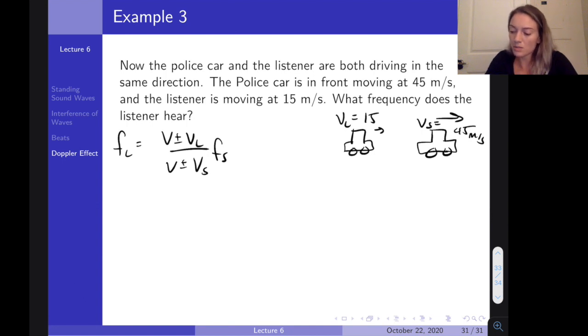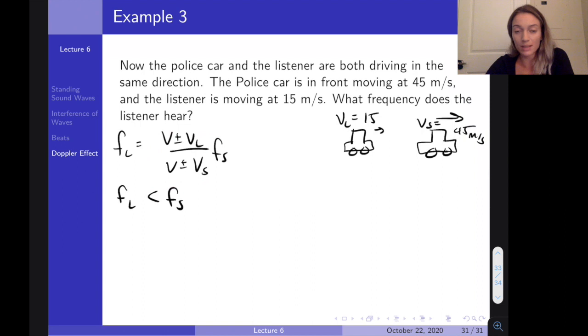Do we expect him to hear a higher frequency or a lower frequency? Well, the police car is moving faster than our listener, so as time goes on, the police car is going to get further and further away. So you should expect to hear a decrease in frequency because the police car is getting further away. So again, we expect FL to be less than FS, which means we want this number to be less than 1.